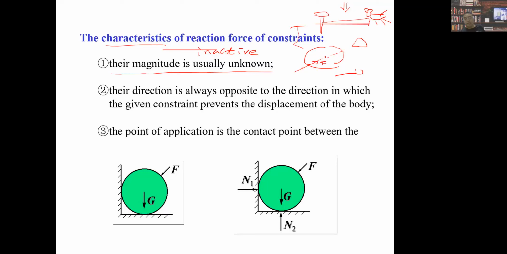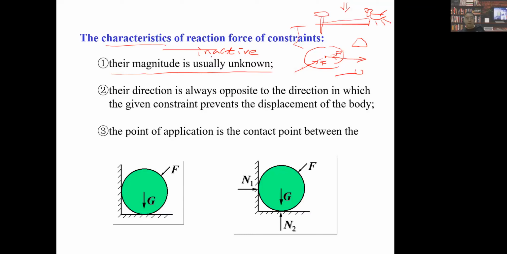Next time, the donkey will try again along this direction to escape the circle. Then it will have another constraint force to prevent it from escaping.